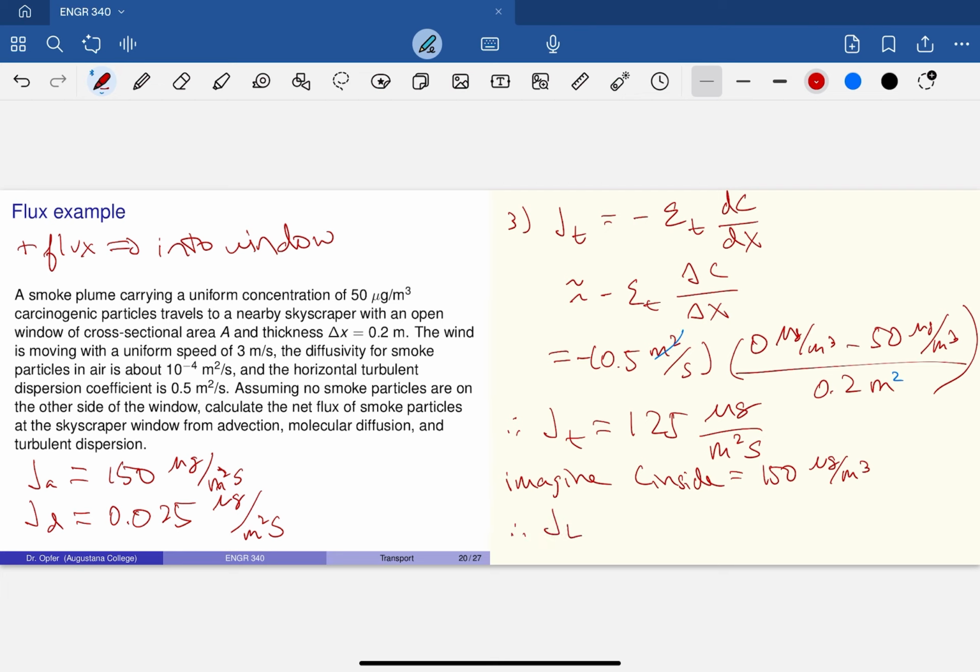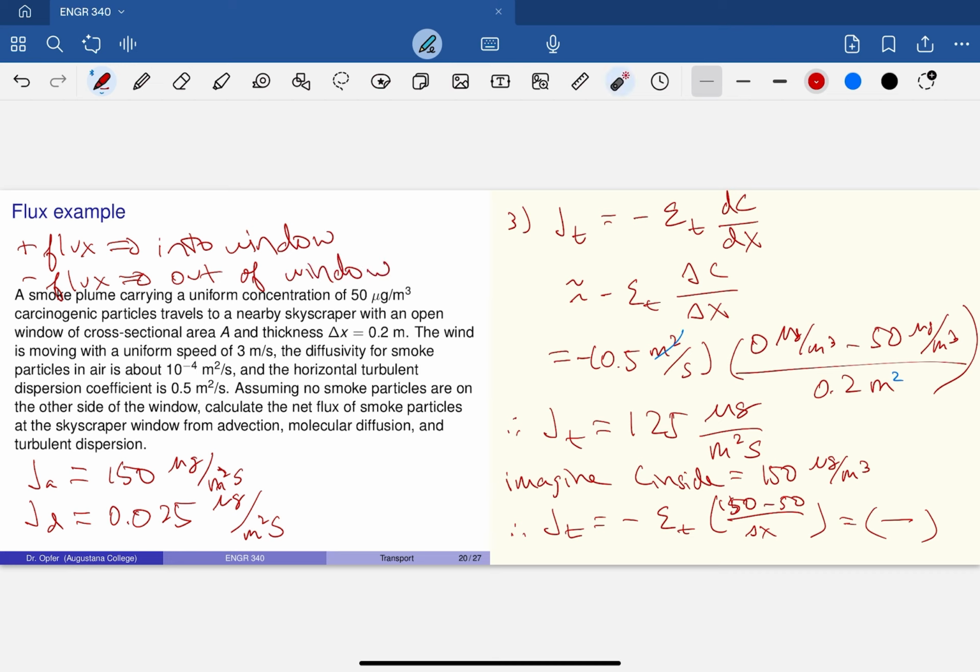Therefore, JT would be minus epsilon T times 150 minus 50 over delta X. So this would be a net negative value, right? So that would indicate now our turbulent flux is actually sending particles from inside to outside. Okay, so if we have a negative flux, that's particles going out of window.